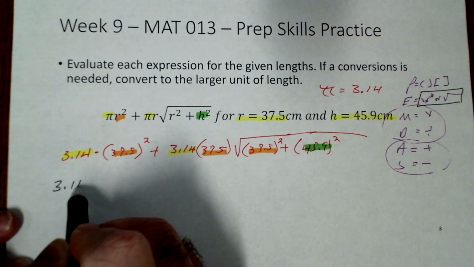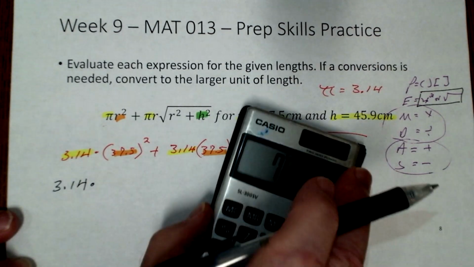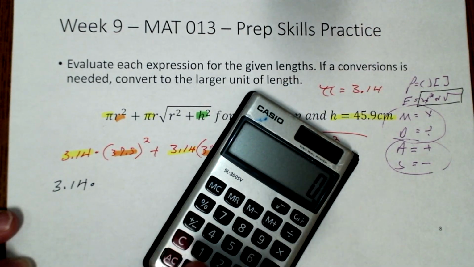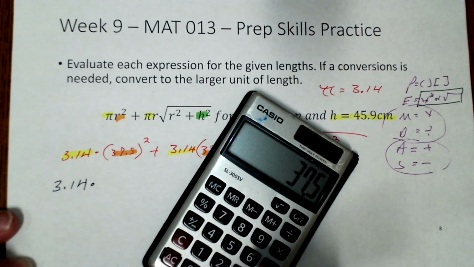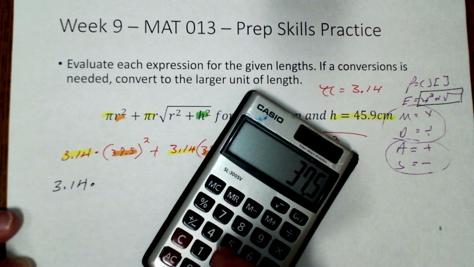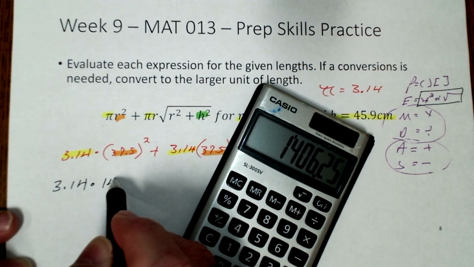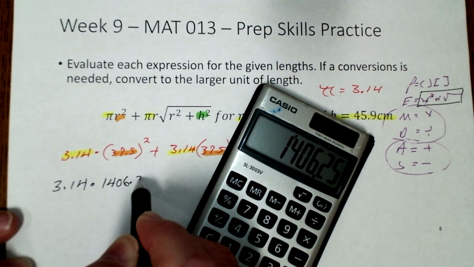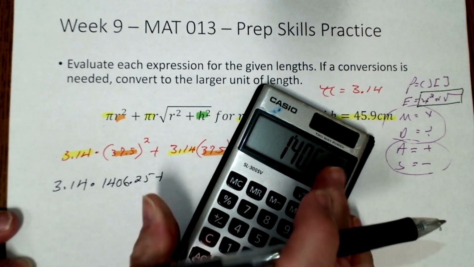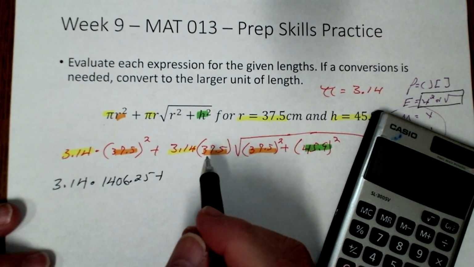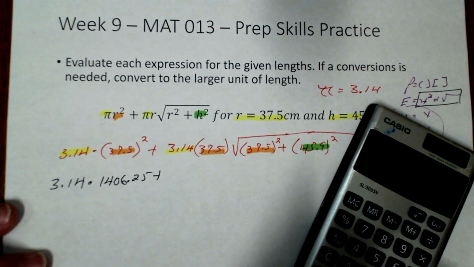So we'll go 3.14 times, well, let's square that number. That's what that means. So 37.5 times 37.5, and this right here becomes 1,406 and 2,500ths plus, let's just go ahead and work it left to right.